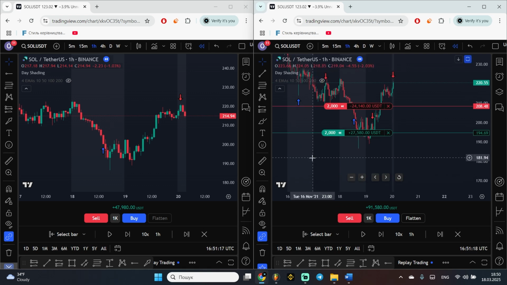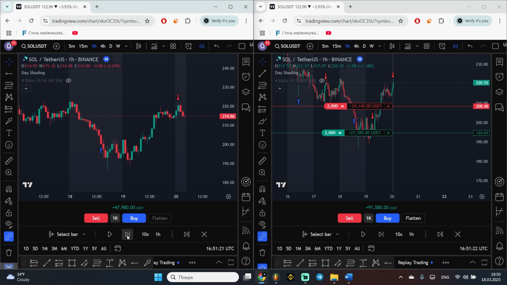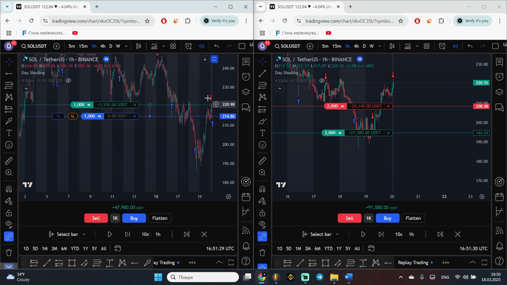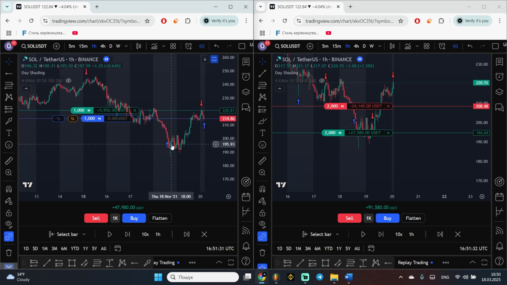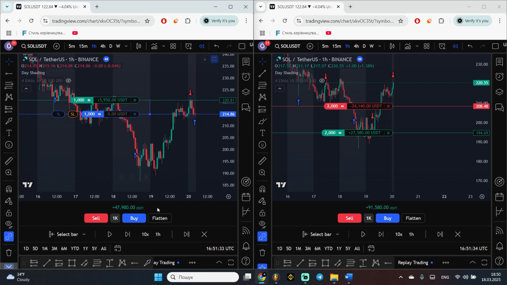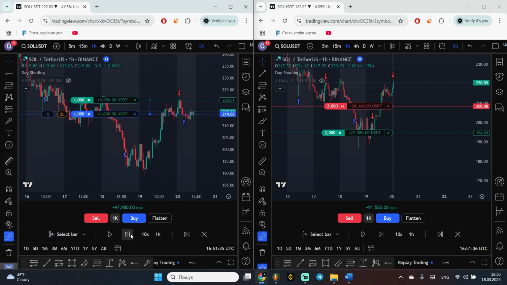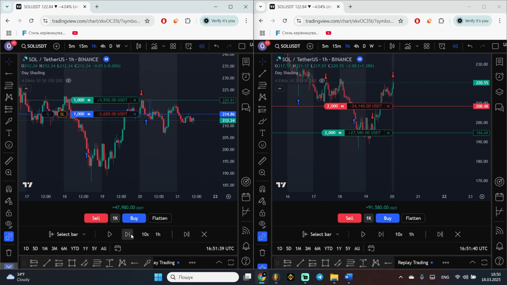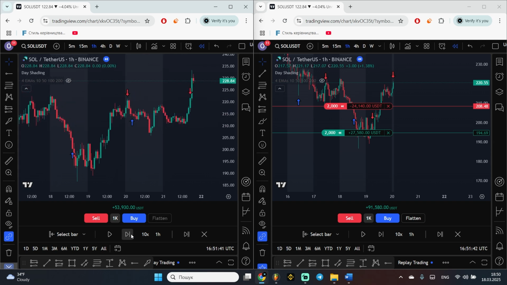Relocating just a little bit. So, does it look like a pullback? I don't know, maybe. But honestly, not really a lot of room, because the level is right there. Still, it was hit.